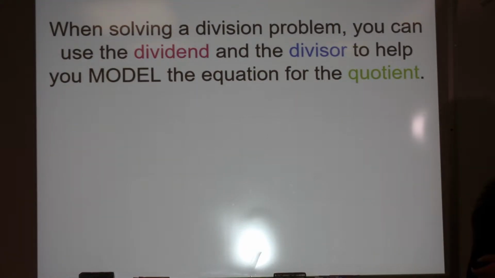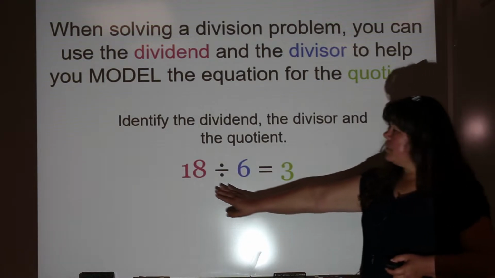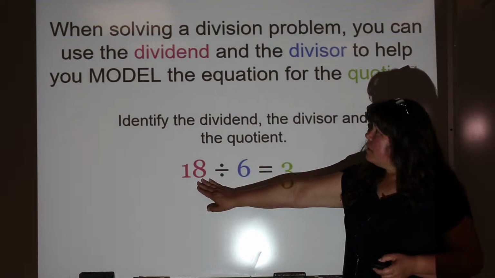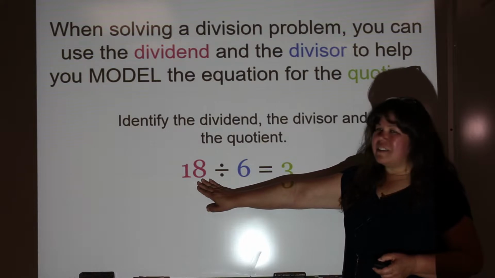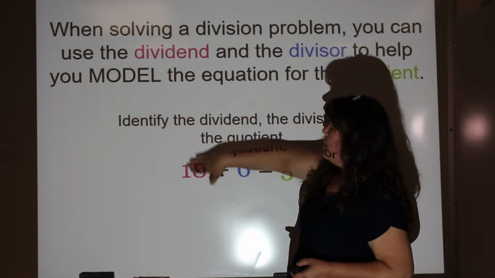When solving a division problem, you can use the dividend and the divisor to help you model the equation for the quotient. So identify the dividend, the divisor, and the quotient. Think for a minute what this one would be. It's kind of nice because in here it's pink and so is our word dividend, to help you out.